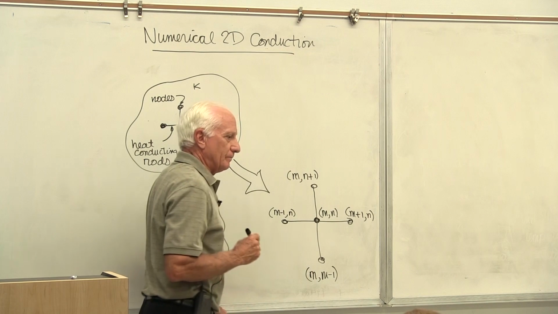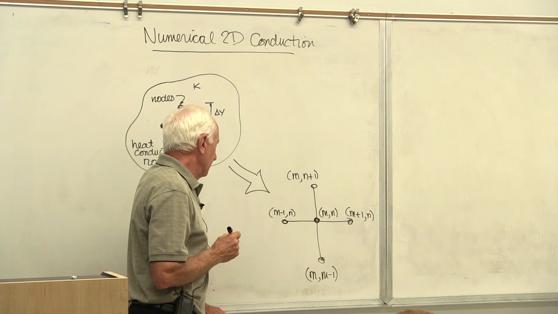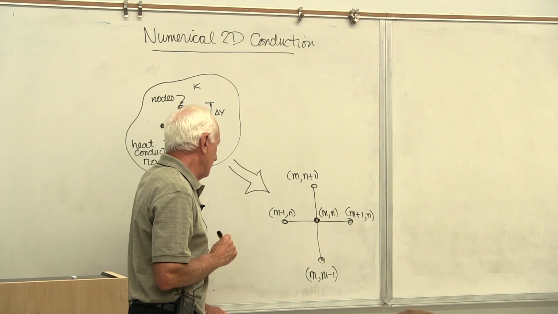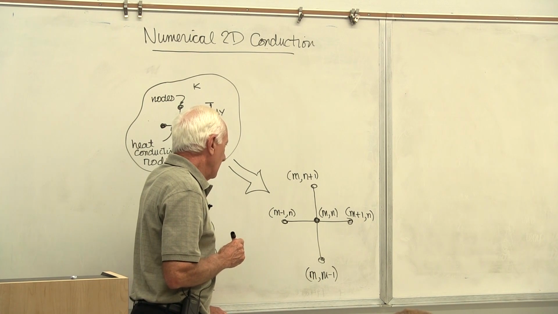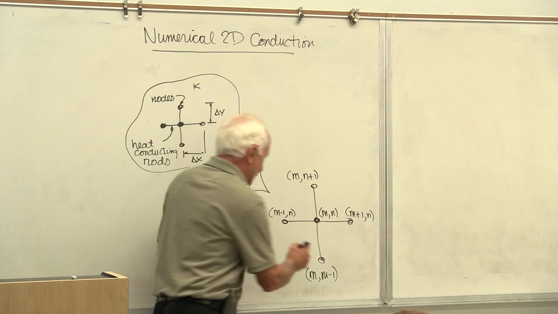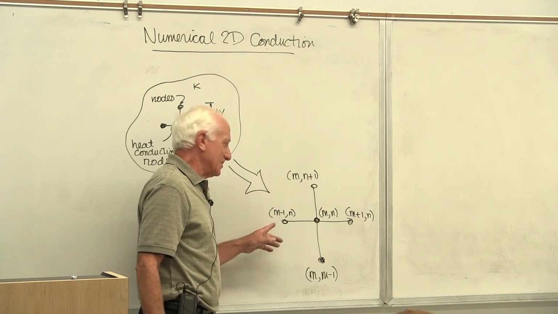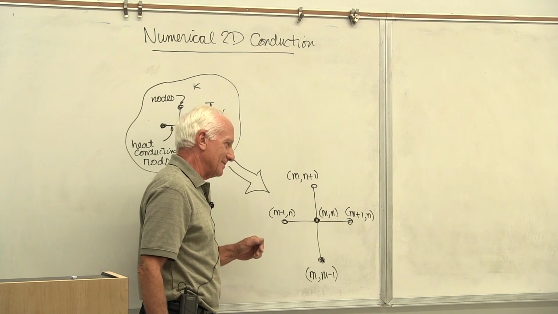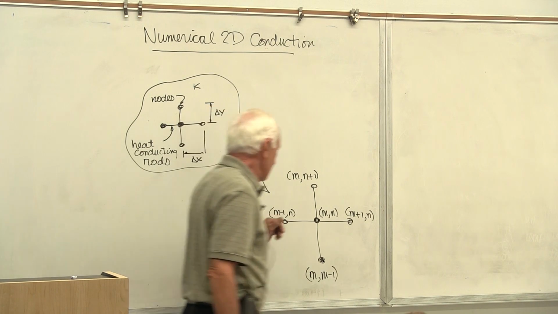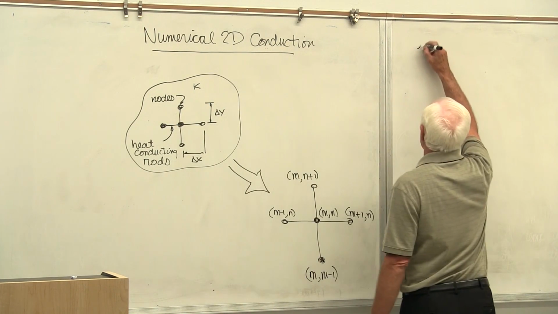So row and column, row and column. Now, the only way heat's conducted is through these fictitious heat conducting rods. That's our model. So we write an energy balance on the center node.